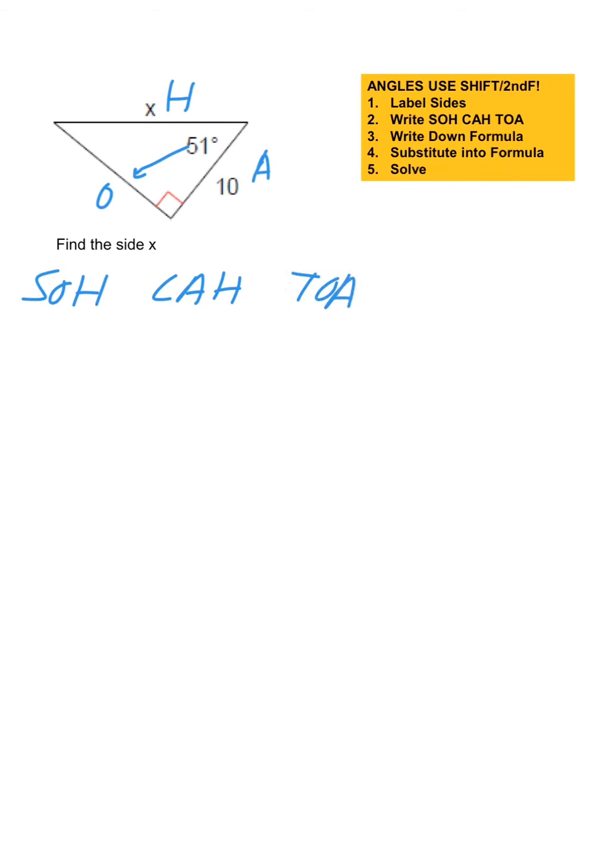Now in this question, I can see I have no information for the opposite, so straight away, line through any place where there is an O. So now I'm left with CAH. And remember, the C stands for cos, so cos of our angle is equal to adjacent over hypotenuse.